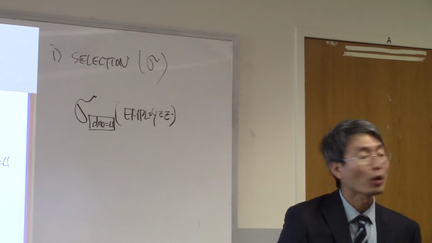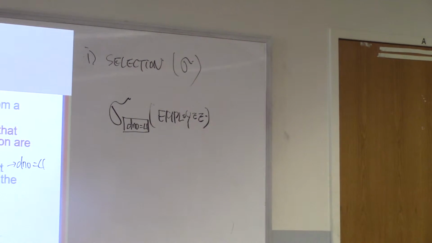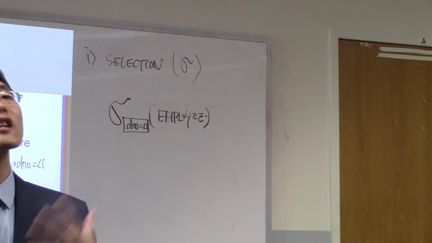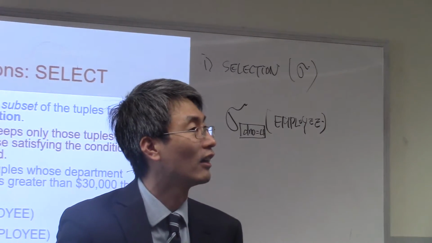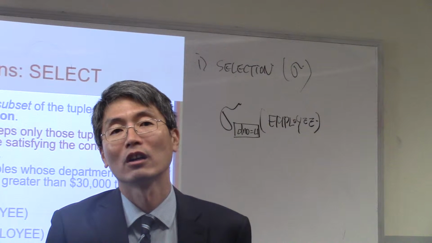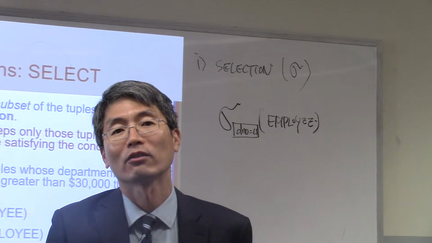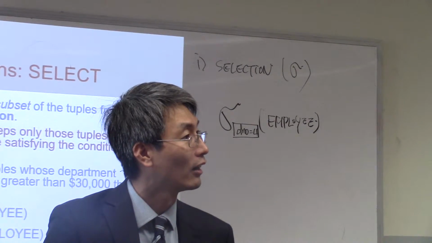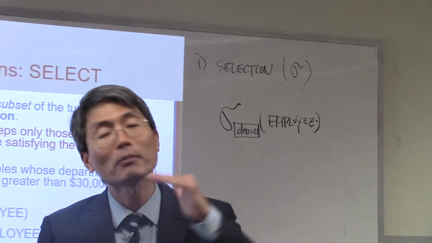A list of employees whose department number is 4. A list of employees, a group of data. Which means the output is also a relation. What is a relation? It's a group of data. Each tuple has the same attributes.